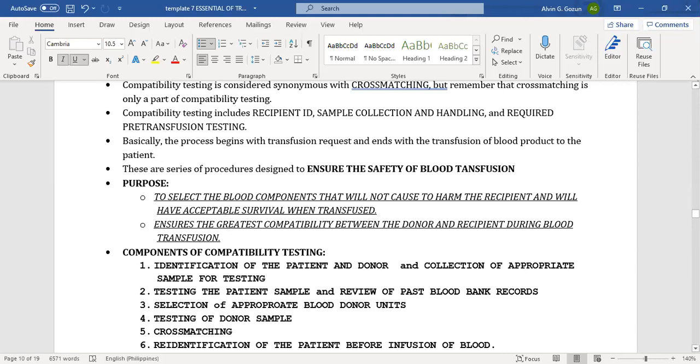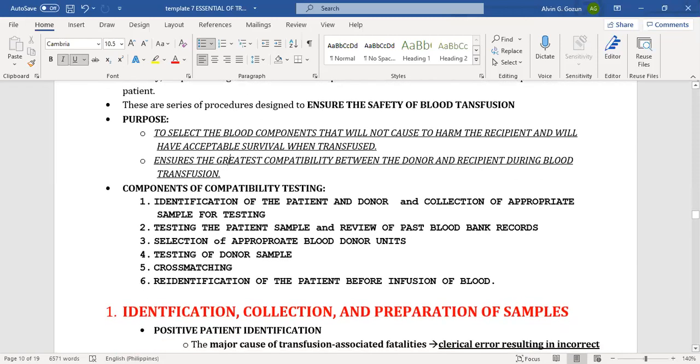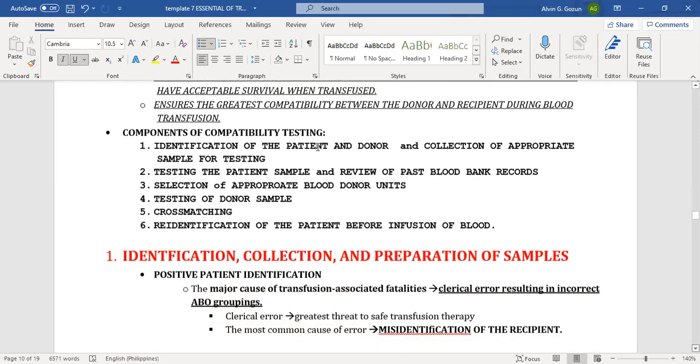So what are the components, okay, of compatibility testing? Number one, ang anim nito. So lahat ito guys, pag-uusapan natin. Number one, identification of the patient and donor and collection of appropriate sample for testing. So, doon muna tayo sa number one, okay? Pag-usapan natin, sige, let's read tayo. Number two, ano pa ba?